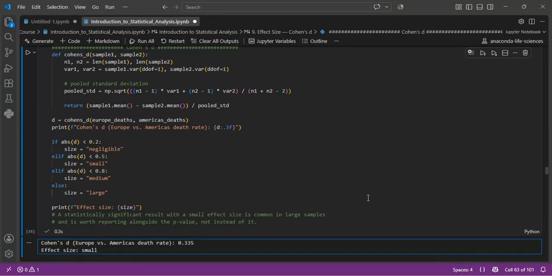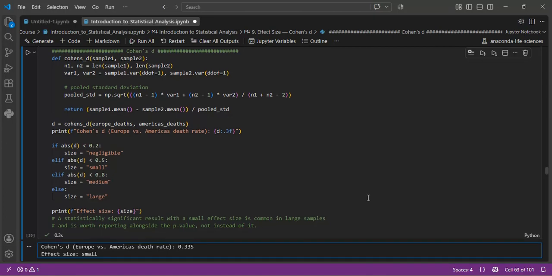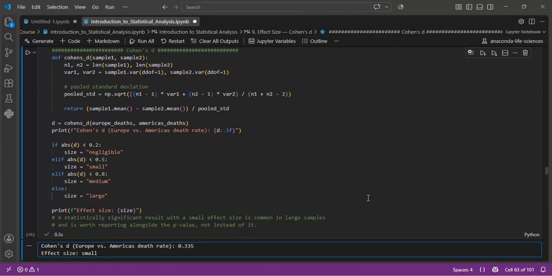So the Cohen's d tells you how big or small your significance is, how big or small is that significantly different mean between the columns that you are comparing.